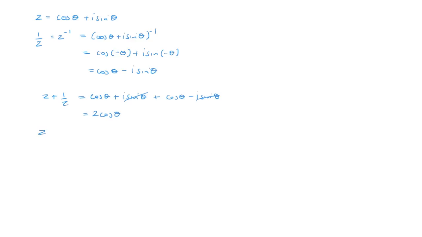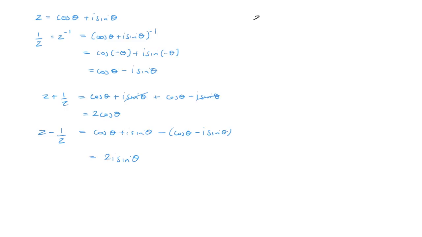And equally, if I did z minus 1 over z, I get cos theta plus I sine theta minus cos theta minus I sine theta. The cos thetas here will cancel, and this one will become a positive, so I got 2I sine theta. And this is going to form the basis of what's going to become very useful in answering these questions, really.